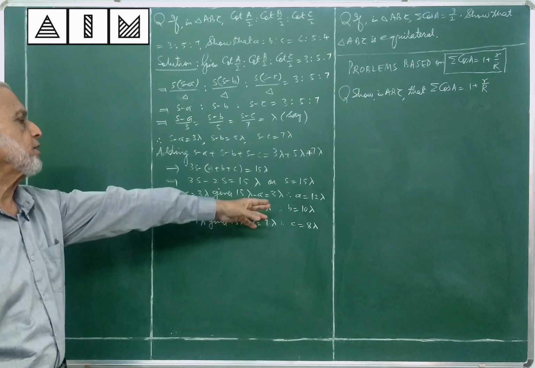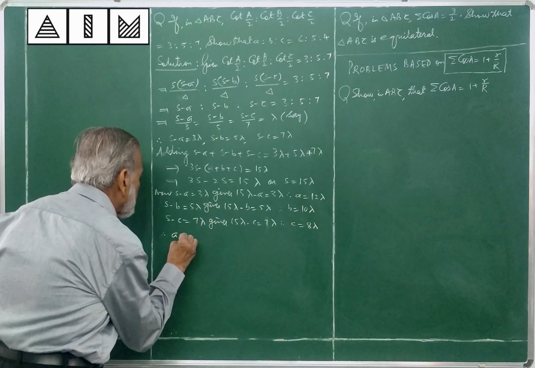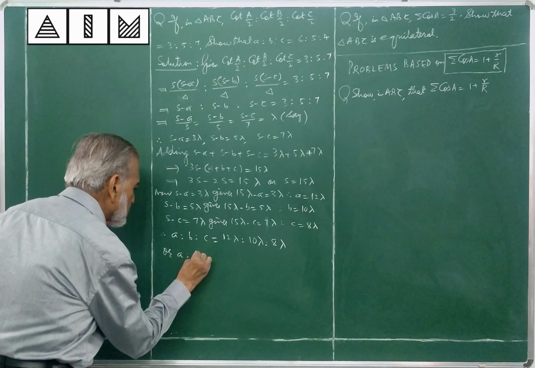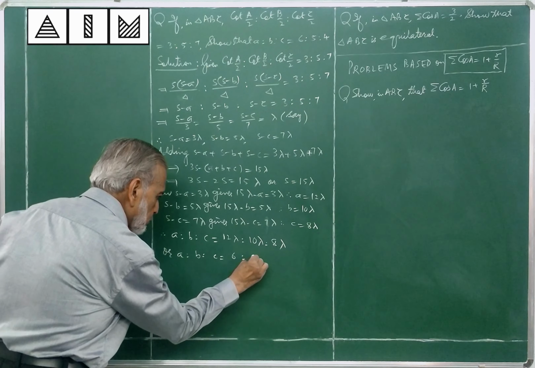We have to find A is to B is to C. Look here. A is 12 lambda, B is 10 lambda, C is 8 lambda. Six, 5, 4.